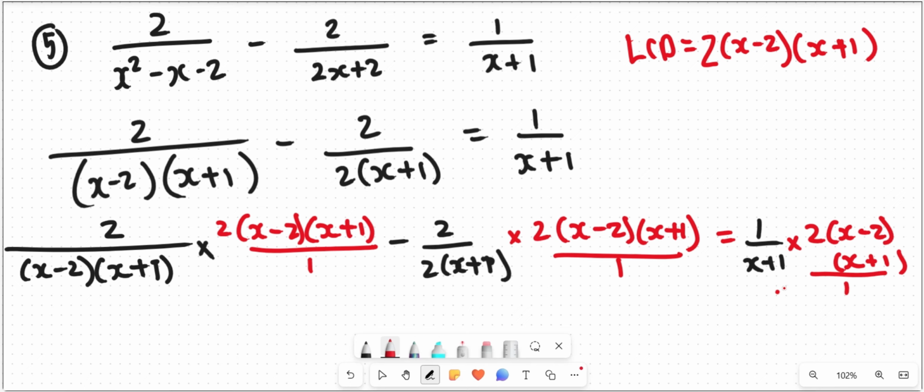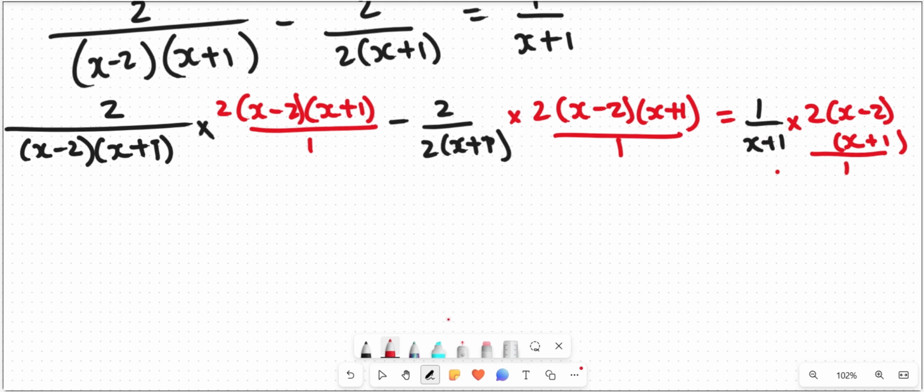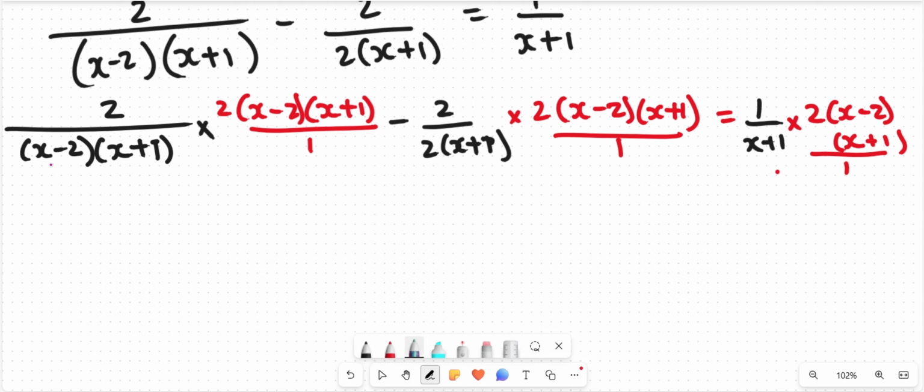All right, and let's cross multiply. Brackets are going to cancel. x minus 2, x minus 2. x plus 1, x plus 1. We're left with just the 2 times the 2, which is a 4. For the second one, the 2 and the 2 cancel. x plus 1, x plus 1.